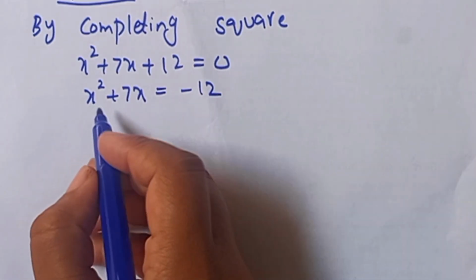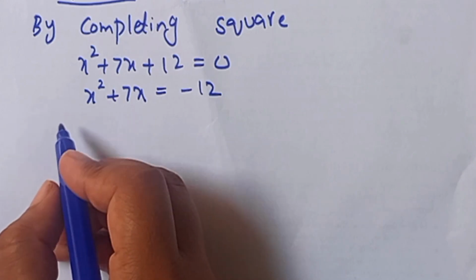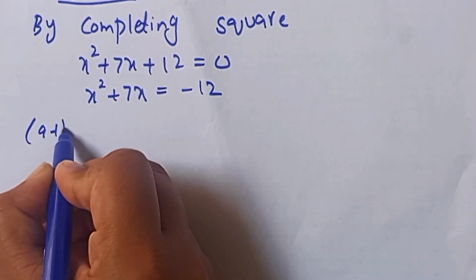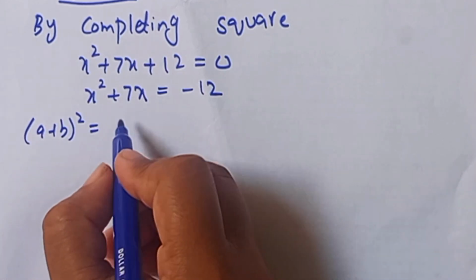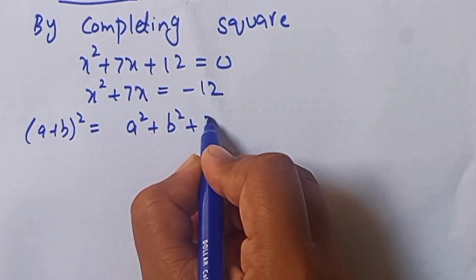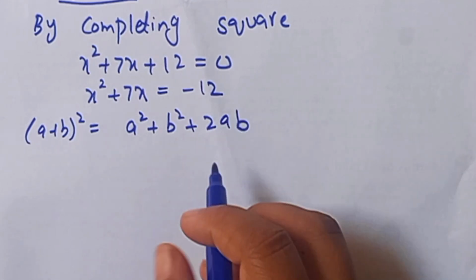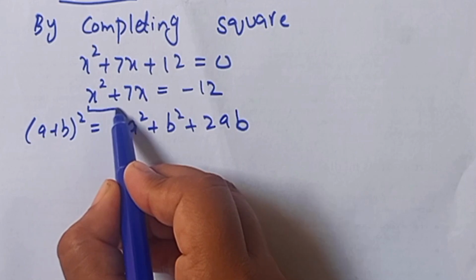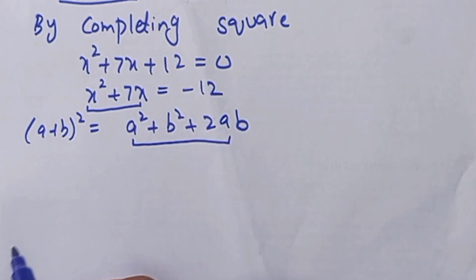In the next step, we use the identity a plus b whole square is equal to a square plus b square plus 2 times the product of a and b. So in the next step, we want to write this left hand side in this format.